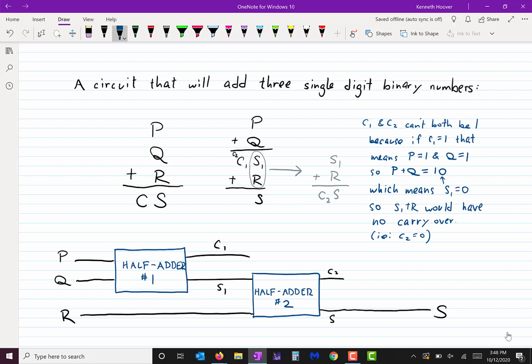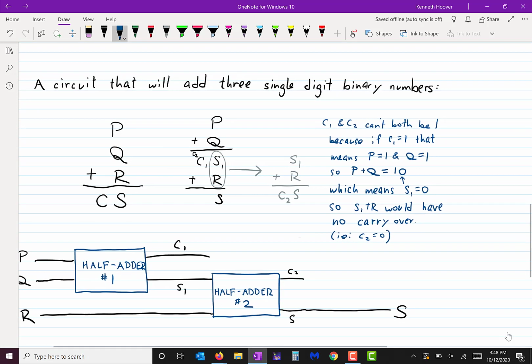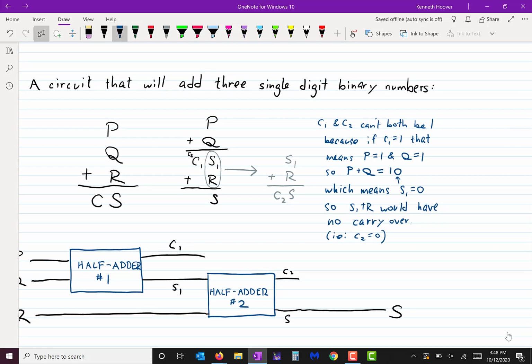So we only have 3 possibilities. And I want to write the 3 possibilities down here. I'll draw a box over here. The 3 possibilities are just this. 0, 1, 1, 0, or 0, 0. Those are the only 3 possibilities for C1 and C2.